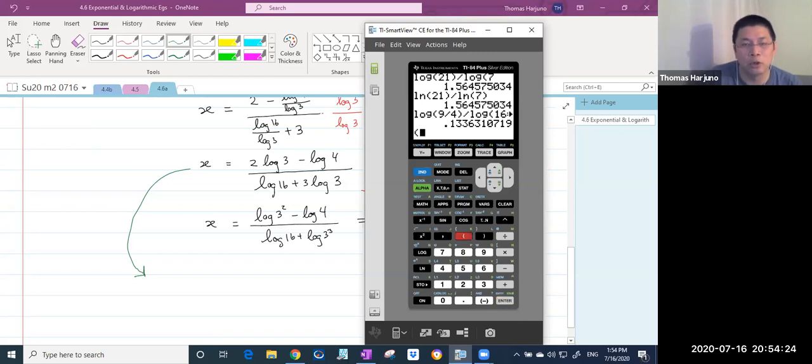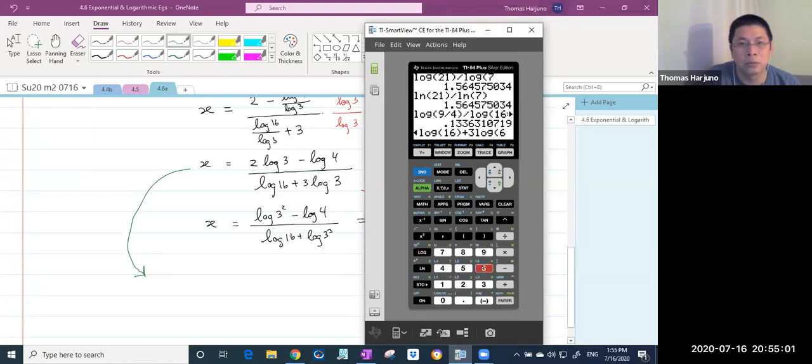The numerator term, 2 log 3, make sure you close that 3, minus log 4, make sure you close that 4, and then you close the numerator. Divided by the grouping at the bottom, log 16, close the 16, plus 3 times log 3.